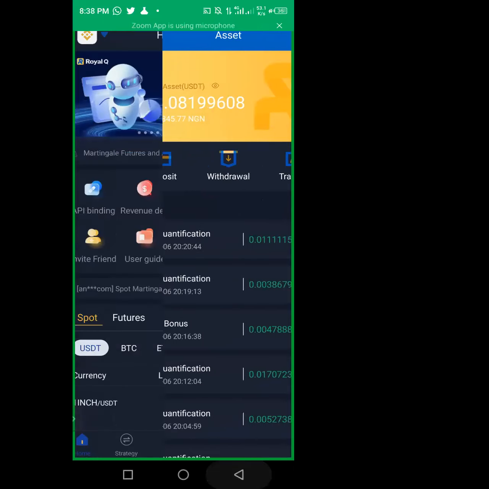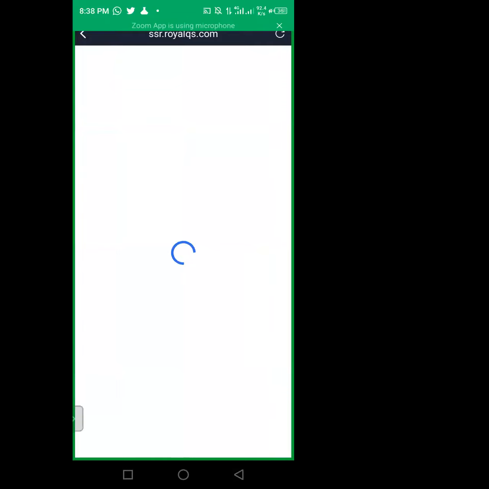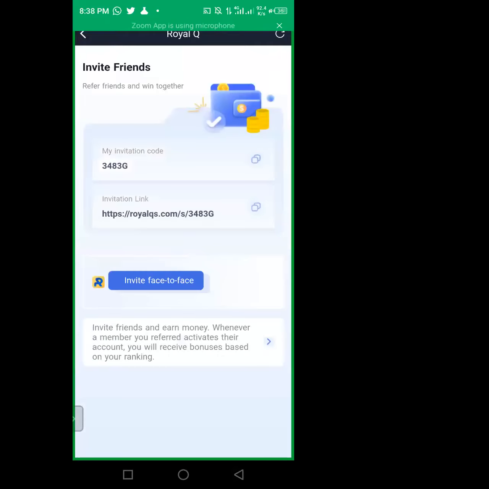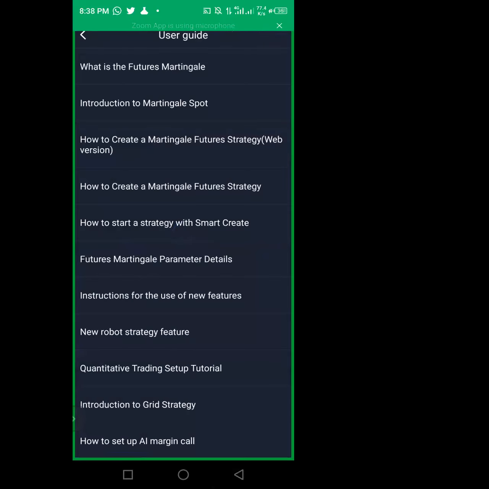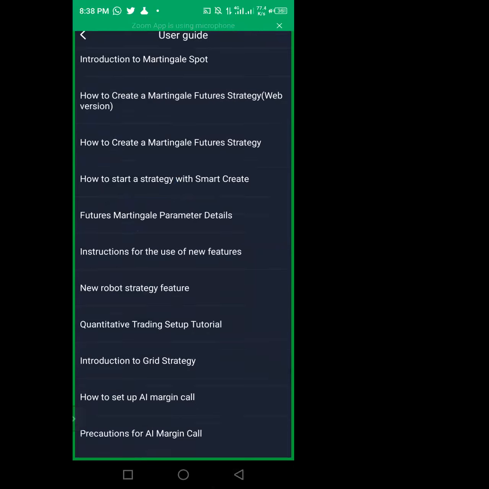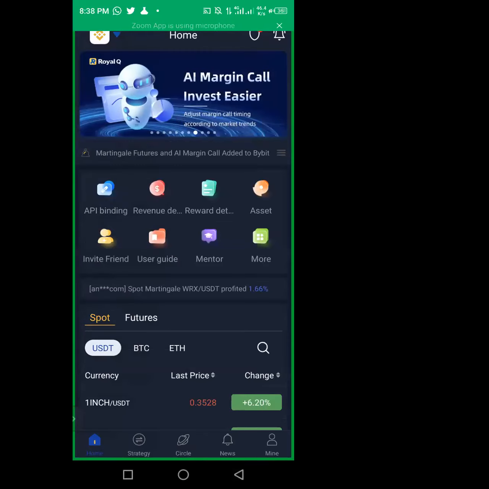Then we have to share our invitation code. This is where you see your invitation codes to share if you want to register someone. Then we have the user guide. If you want to learn new things about RoyalQ, you find all these things here in the user guide, the mentor, and more.